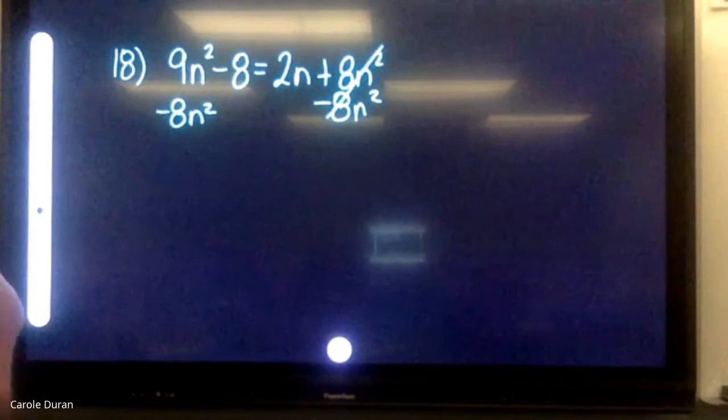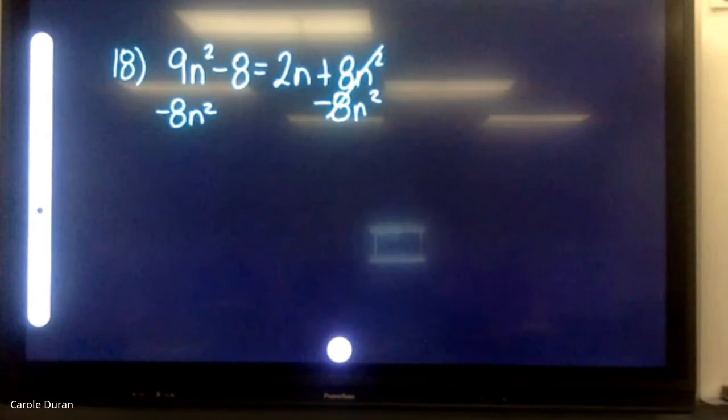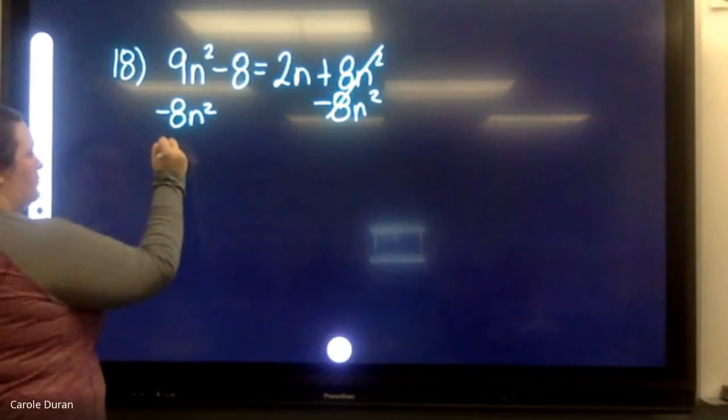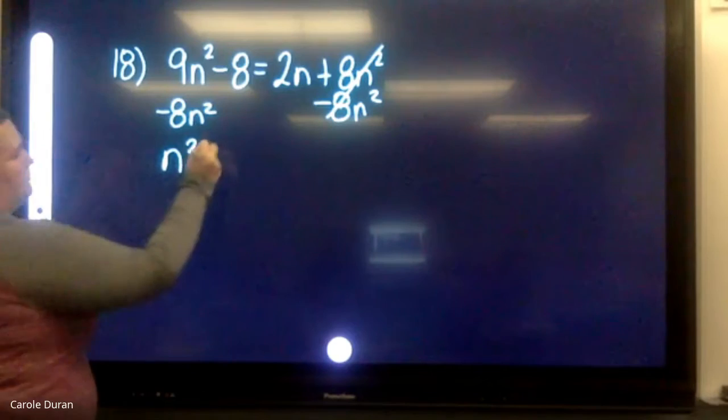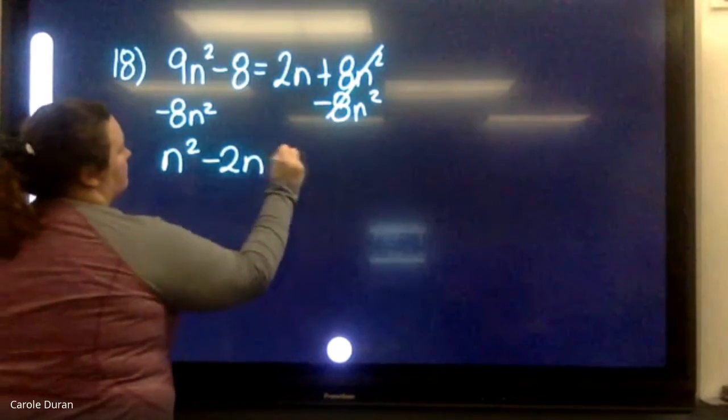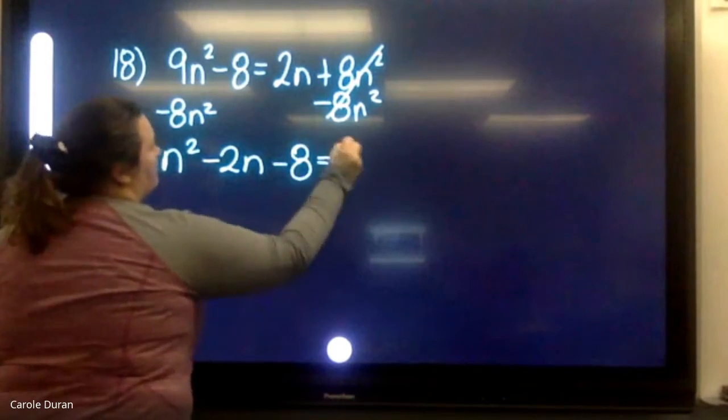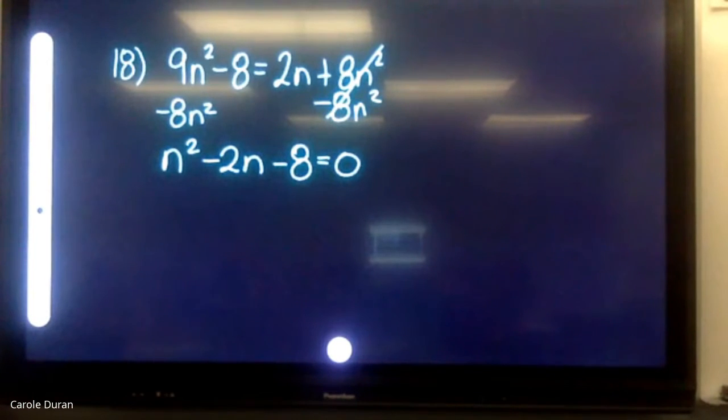Then what would I do? Subtract the 8 squared times. Yep, and I get what? Subtract the 2n across. And then I just leave everything else and set it equal to 0, right? Yeah. Any major issues with that? All I did was move it around. We're not done. I just want to make sure we're okay up to this step.